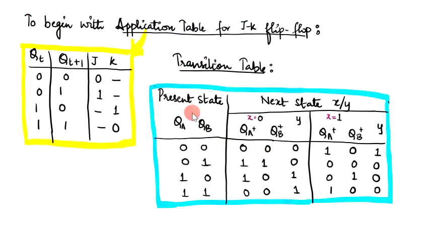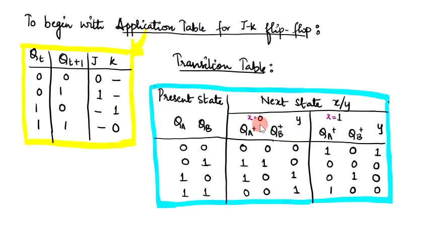So the present state will be now termed as QA and QB, having 4 combinations. That is because you can see that 4 states were involved: 00, 01, 10, 11. And the next state would be represented as QA+ and QB+.